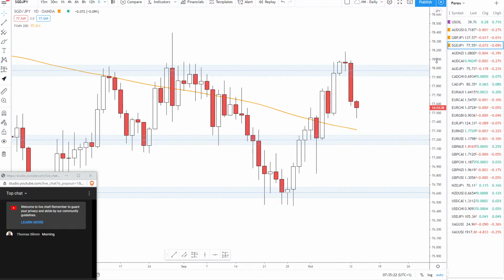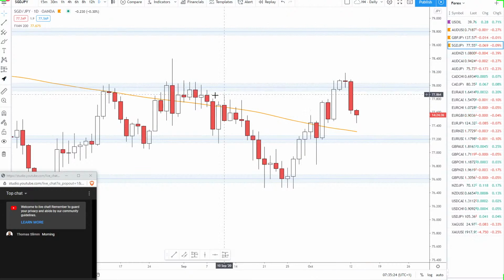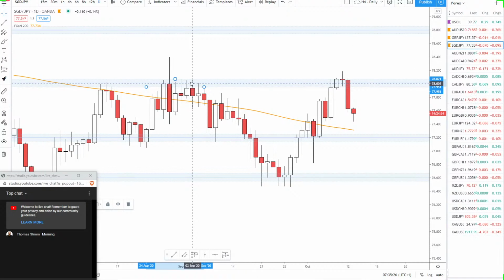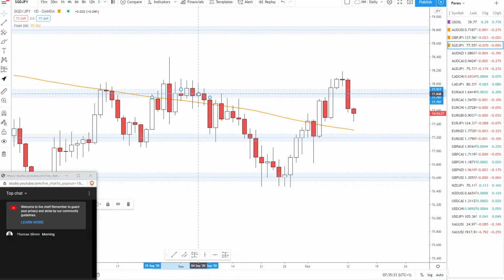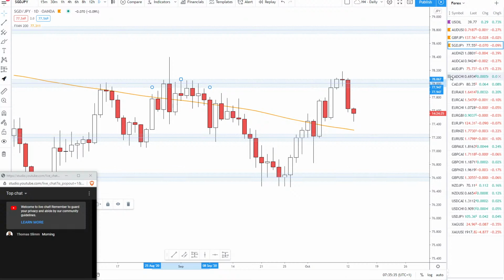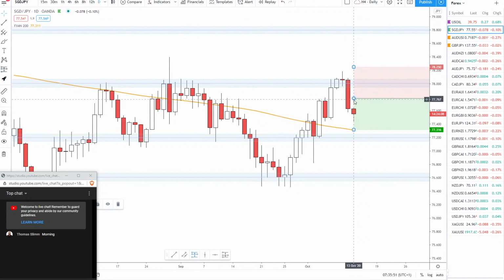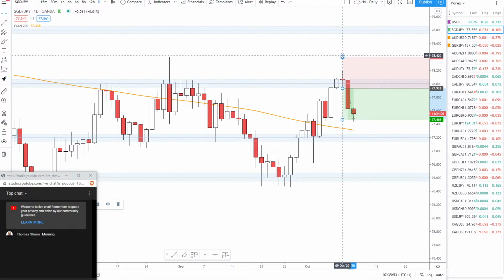And SGD JPY, it's not a pair that I genuinely trade myself. But I know that some people traded from this resistance area yesterday, and they're currently in the trade. So is anyone in this room in this trade? Because I only know 2 people who got in this one. It's not a pair that we commonly trade.